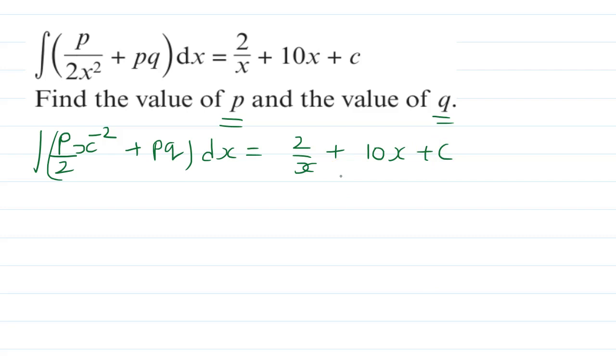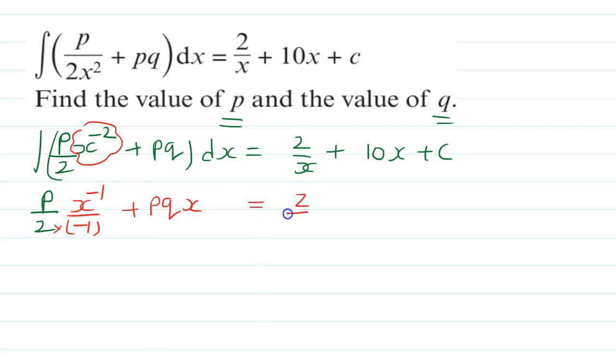Now we need to do integration. Once you do integration, it will be p/2 times the integration of x^(-2). So it will be -2 + 1, that is -1, divided by -1, so it is a minus sign here, plus pqx, and this is equal to 2/x + 10x + c.